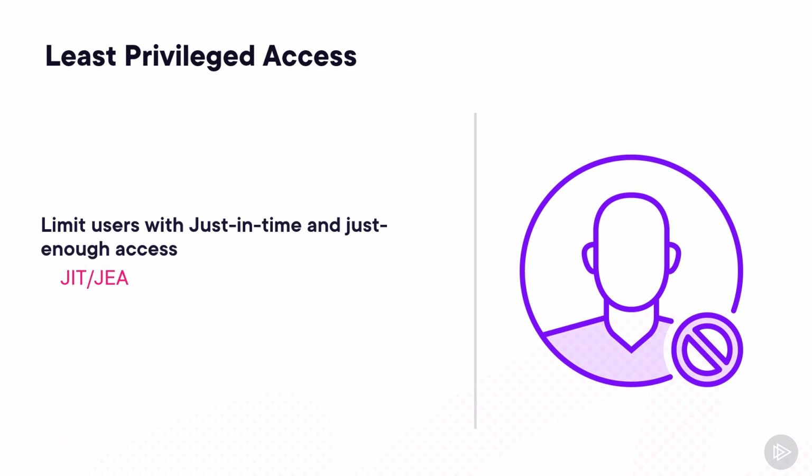Instead, when a user needs to do something with an elevated permission, they can request it, and it can be approved based on risk-based adaptive policies that evaluate the signals that you have. Those elevated permissions should be just enough for what the user needs to do and should only be for the time that the user needs to do that task, not forever. By implementing just-in-time and just-enough access, you can protect both data and productivity.